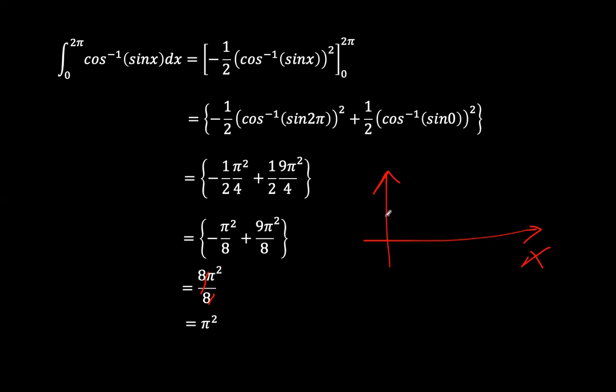So we have pi over 2 here. And then it goes down at this point, the value for which arc cosine is 0. We know that. That is pi over 2.